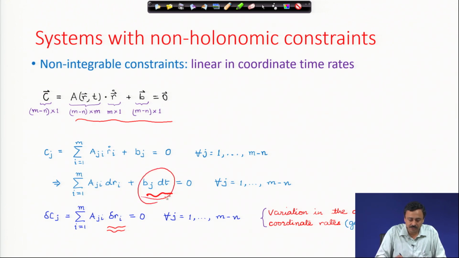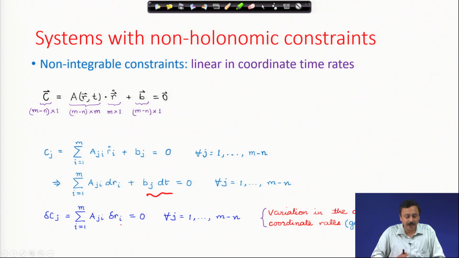We have dropped this term because that came from the time derivative, which our virtual displacements do not have. Therefore, our delta C_j are of this form, and remember, because of this non-holonomic constraint from where we have found this, this is a quantity by itself.